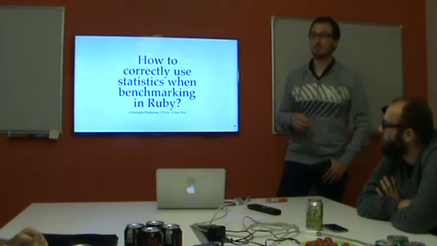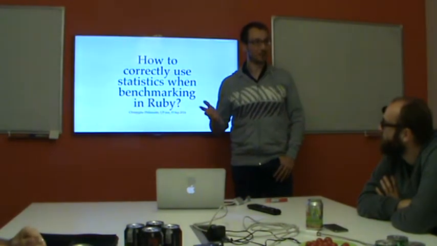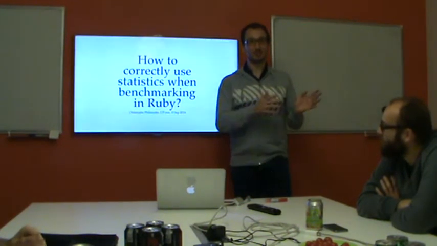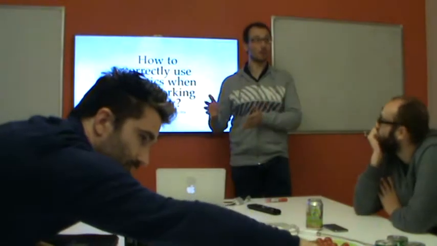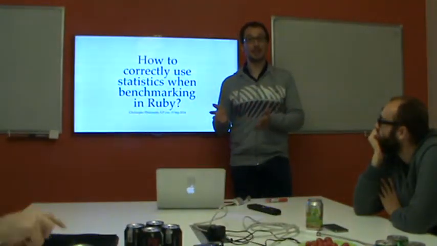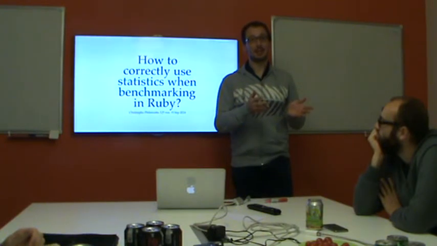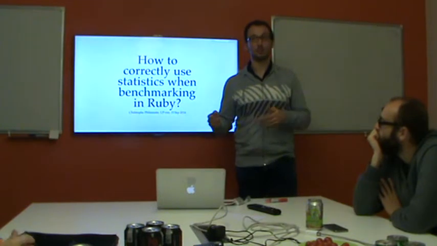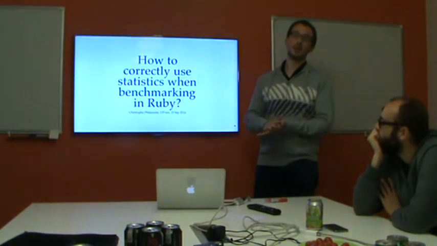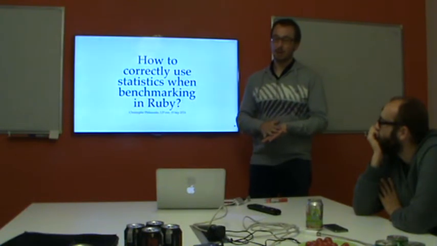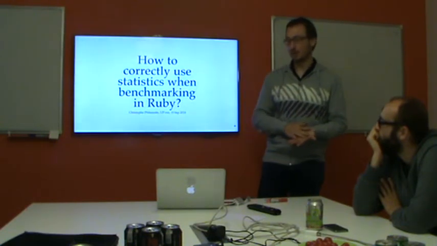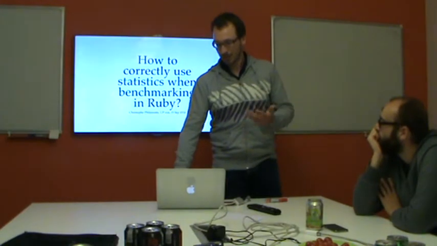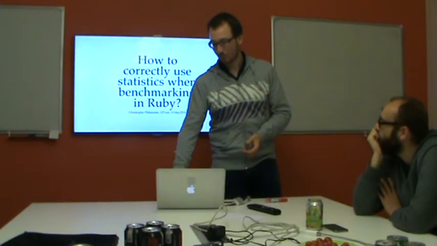That makes me quite sick, because they base all their decisions on something that is wrong, and at the end they think they made the right decision, but in fact it's not necessarily the case. So I just want to introduce some things from statistics, and to raise the level at that point.